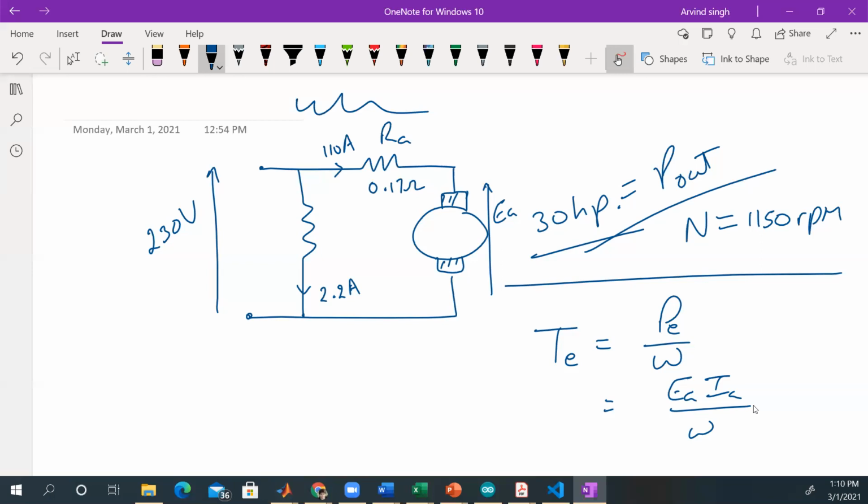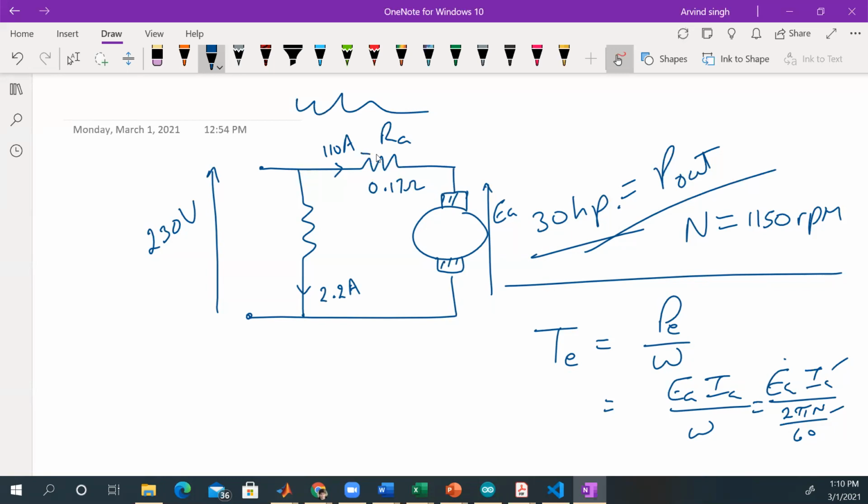So omega is equal to 2 pi n on 60. So we have n, we have IA, we don't have EA. So we need to find EA. And EA, if we look at it here, we know here is 230 volts. We have the current, we have this resistance.